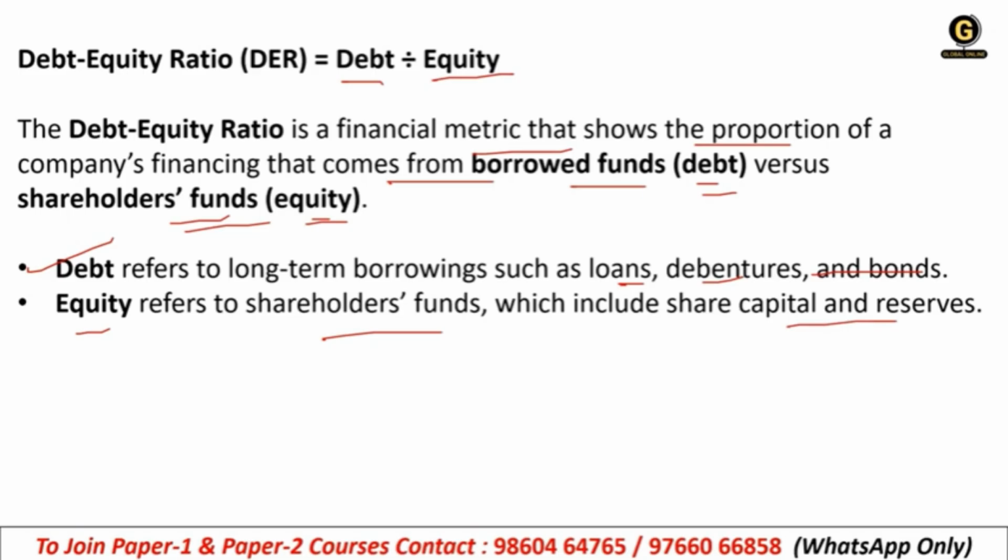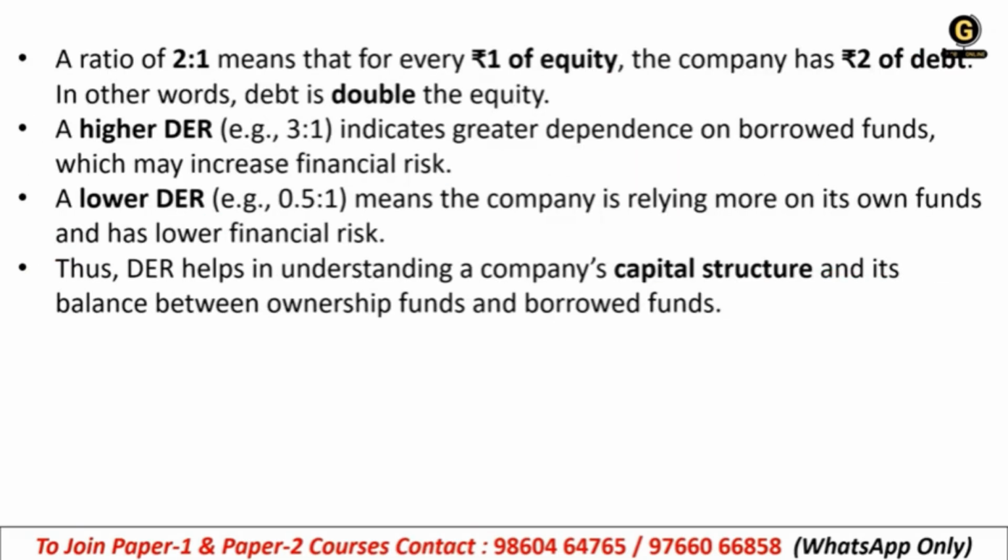So how do we calculate debt equity ratio? See, these 4 points will clear all your doubts. The ratio of 2:1 means that for every 1 rupee of equity, the company has 2 rupees of debt.